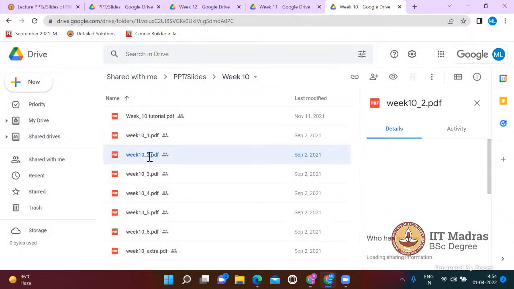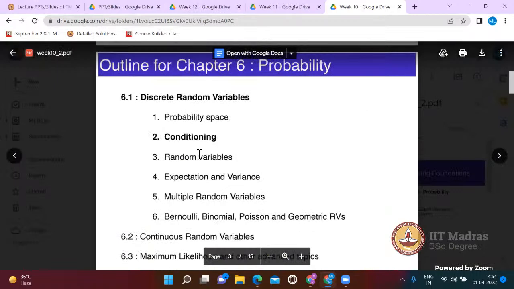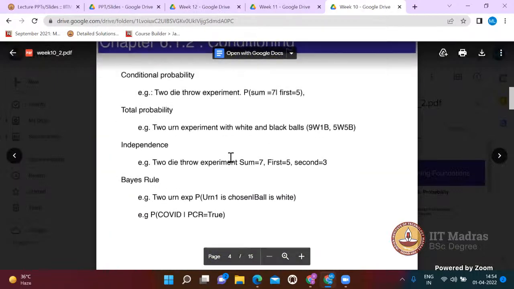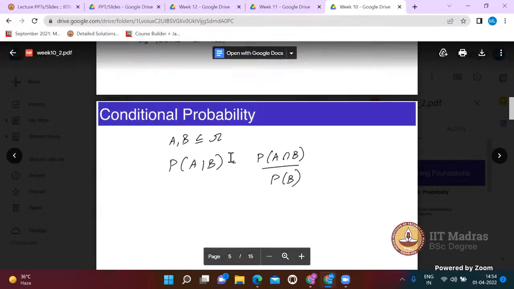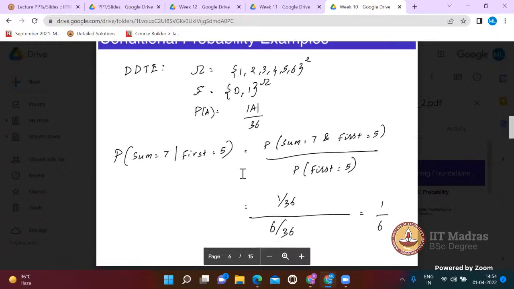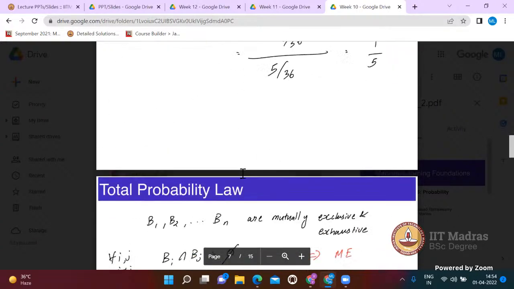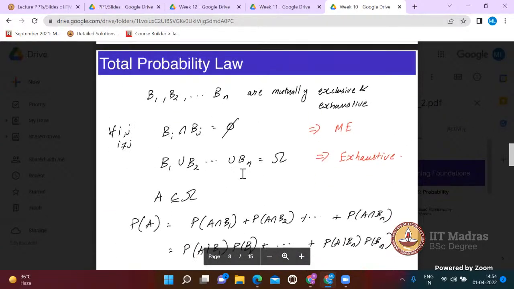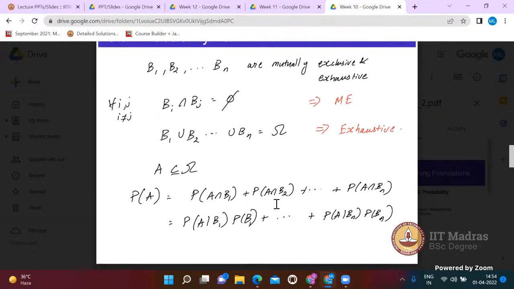In the second lecture, you were taught conditional probability, A given B. This is a pretty simple formula for conditional probability, and then he would have solved some examples. And the total probability law is that all the probabilities will equal 1, right?